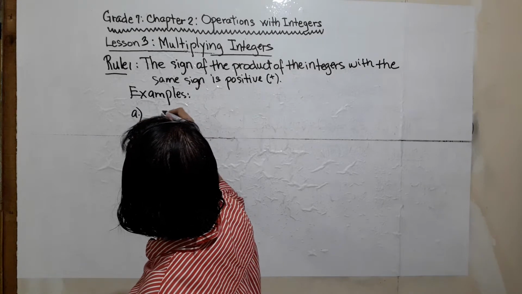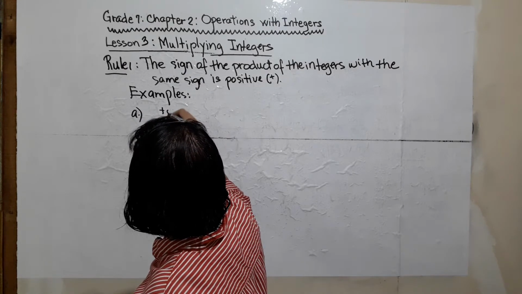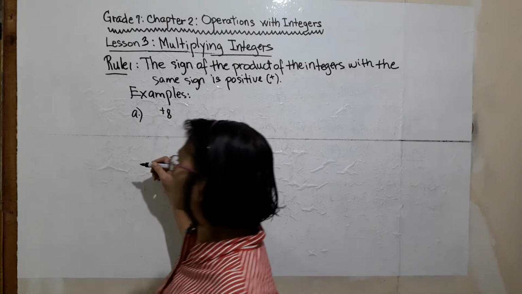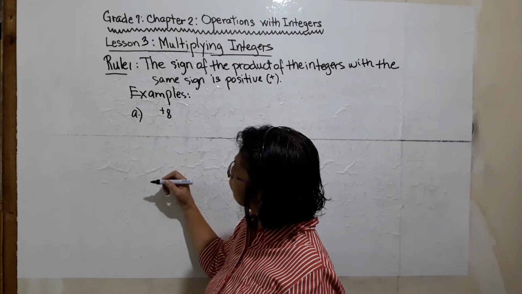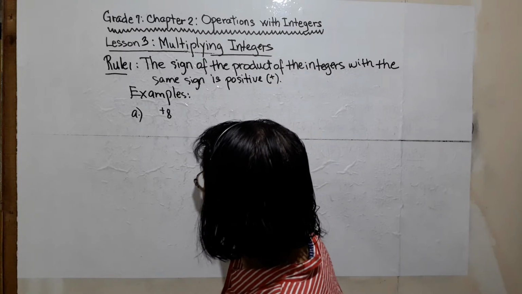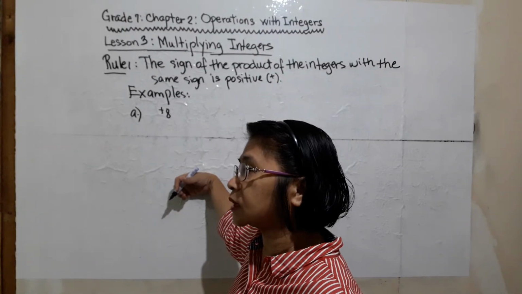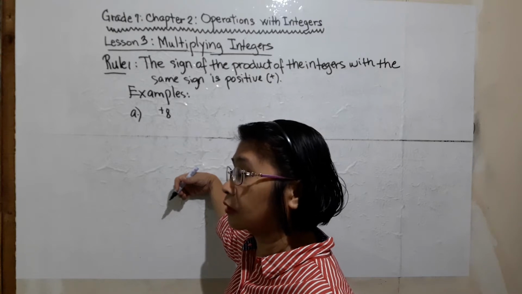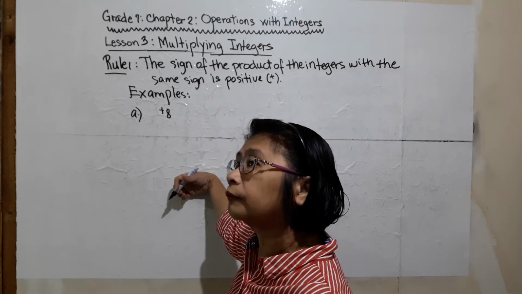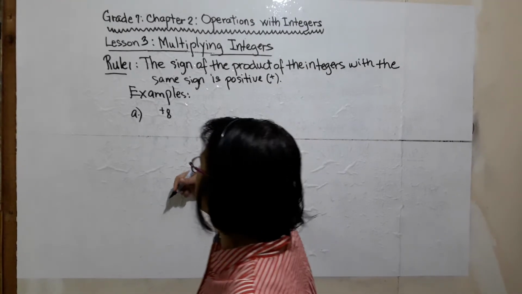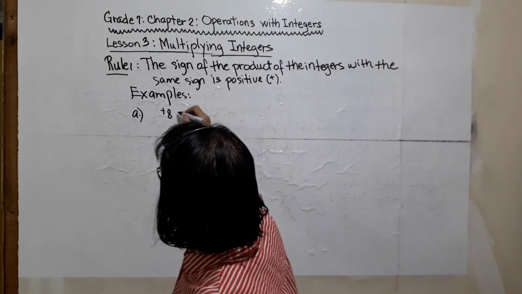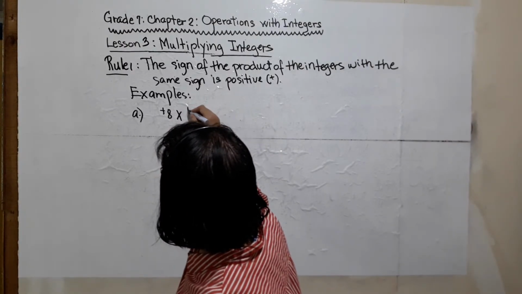Letter A, positive 8 times positive 2. By the way, we can still use the letter X here, because X is usually used as a variable, which you will learn later on. But this time, since there's no variable yet, we can still use it.